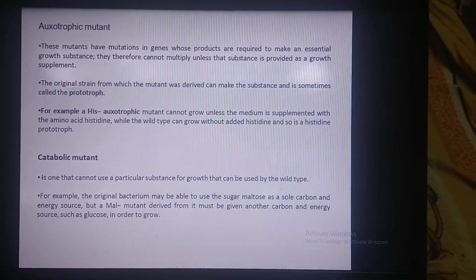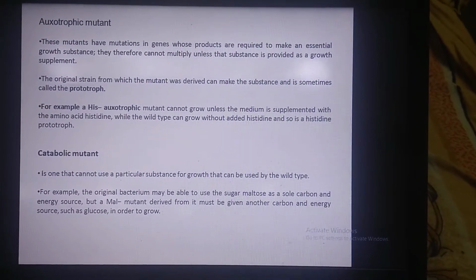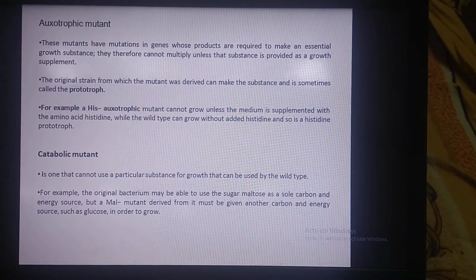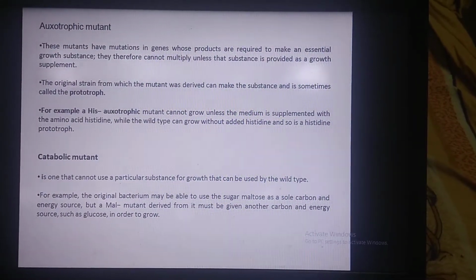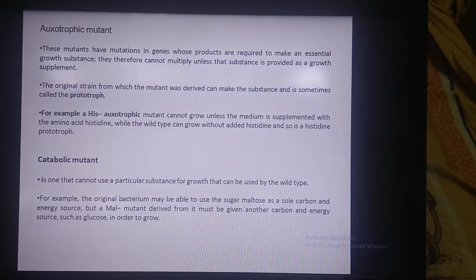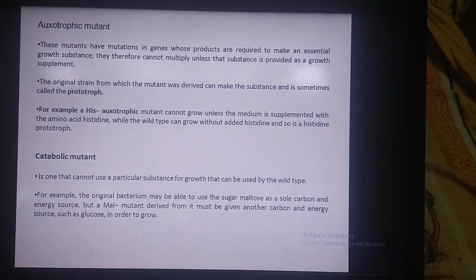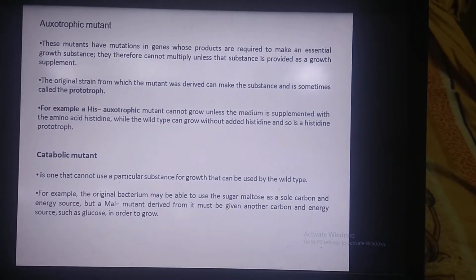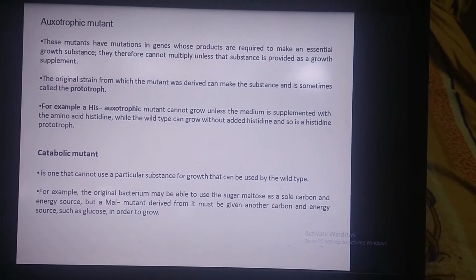If you don't provide this histidine in your culture media, this particular strain will not grow in that media, or it will not survive, because it has a mutation and for that it cannot synthesize its essential amino acid that is essential for its growth.